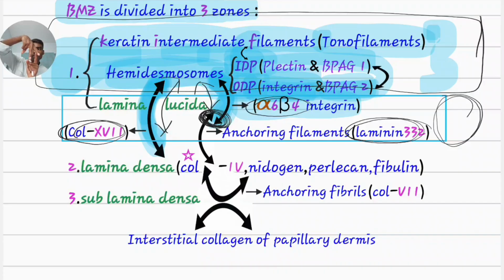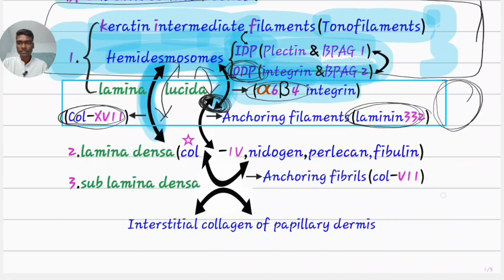Where are the endodomain parts? In the outer dense plaque. So, clear: ectodomains will be lying in the lamina lucida. Like this, one more structure comes from below, the anchoring filament, attaching to alpha 6 beta 4 integrin, anchoring tightly to connect ultimately epidermis to dermis.